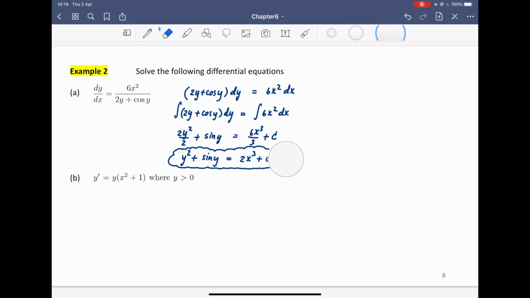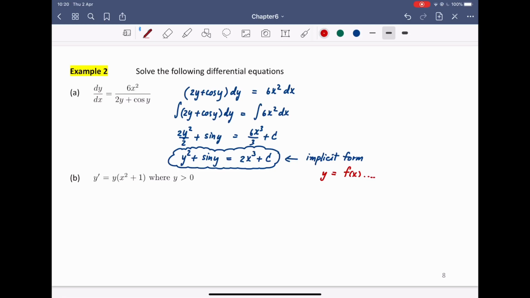This general solution is in implicit form. What I mean by implicit form is that you cannot simplify until you get y equal to something in terms of x.